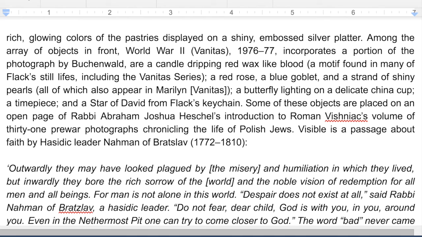There's a butterfly lighting on a delicate china cup. There's a timepiece, a Star of David from Flack's own personal keychain, and some of these objects are placed on an open page of Rabbi Abraham Joshua Heschel's introduction to Roman Vishniak's volume of 31 pre-war photographs, which gave us an overview of the life of the Polish Jews.